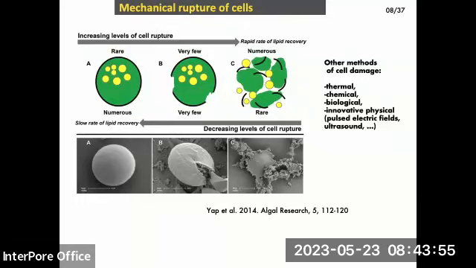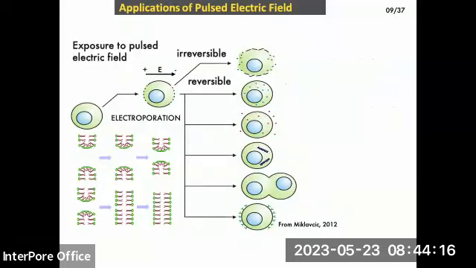This is why innovative physical methods are also used, which are more selective to damage the cell and the cell membrane. And one of these methods is a pulsed electric field. So I will speak more about this treatment. Here you can see the different applications of the pulsed electric field.